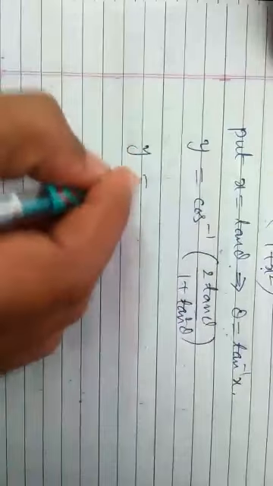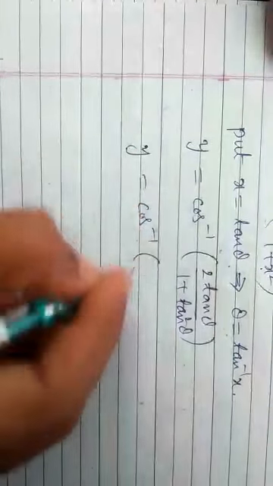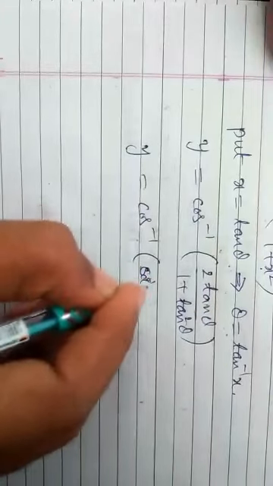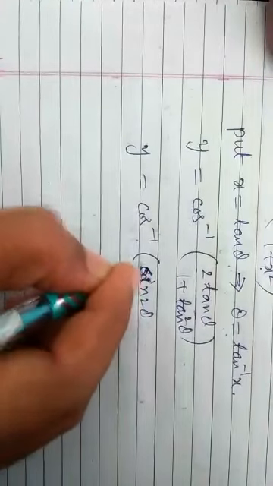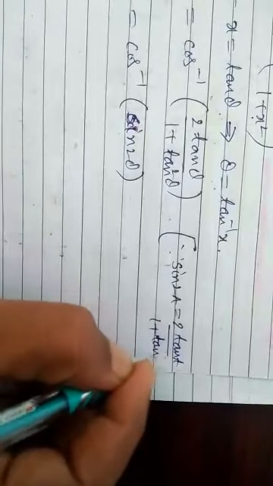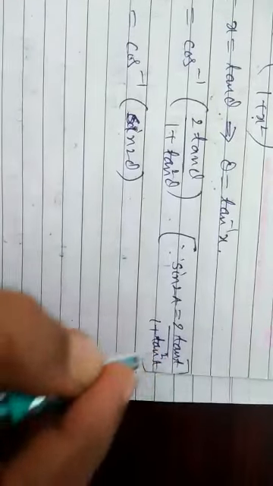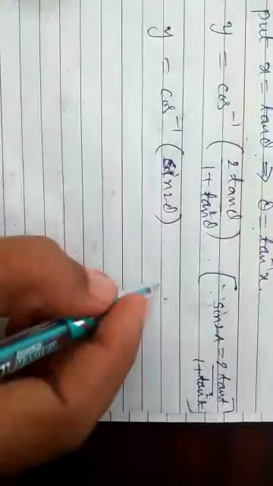So y is equal to cos inverse of sin 2 theta will come here, guys. Sin 2 theta will come because already we know that sin 2a is equal to 2 tan a by 1 plus tan square a. By using that formula we are taking it.